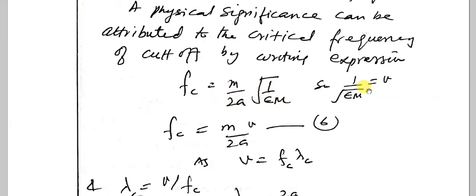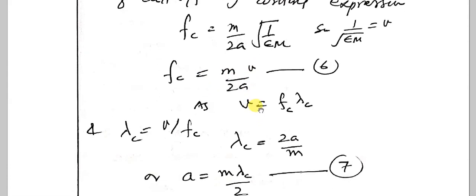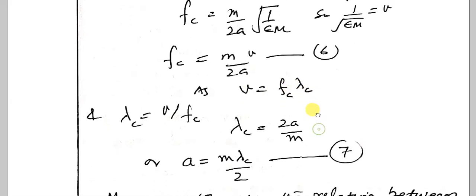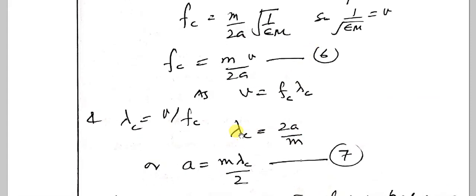Since 1 over square root of epsilon mu is v, the phase velocity of the wave, fc is equal to mv over 2a. But v is frequency times wavelength, so lambda c, the critical wavelength, can be replaced by v over fc. That means from equation 6 we get lambda c equal to 2a over m.